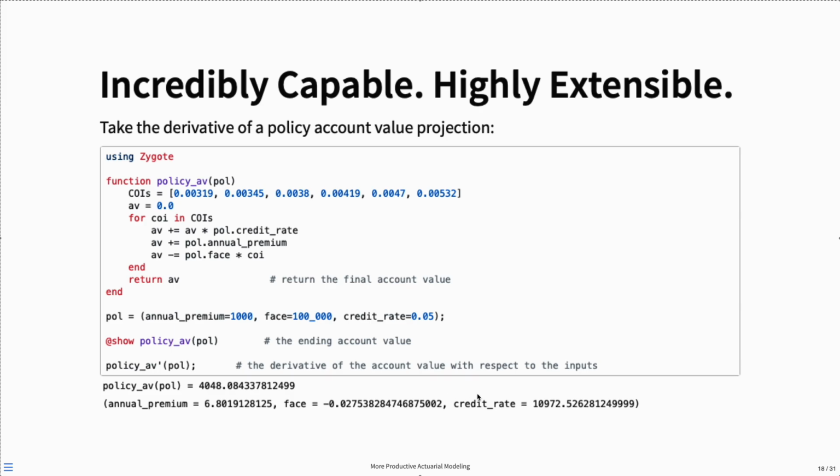Lastly, the crediting rate: if the crediting rate were increased from 5% to 105%, because this is representing a unit increase in the input, the ending account value would go up by nearly $11,000. Of course, you wouldn't actually expect a crediting rate of 105%, but you can just scale this down to say what would be 100 basis points instead.